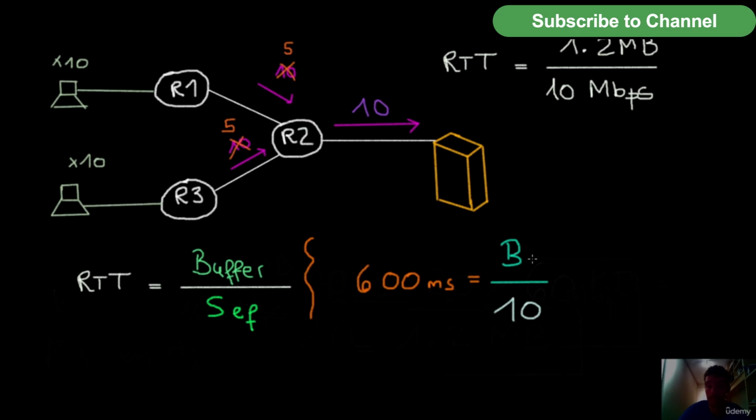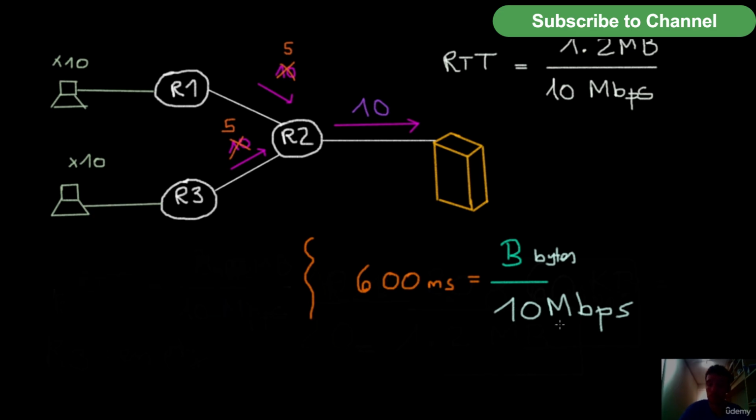So what is going to be the buffer size now? Remember that the speed is in bits, so we have 10 megabits per second, and here I want to have the value in bytes. First of all, we need to transform these megabits per second to megabytes per second, and even better, to bytes per second. But first, let's move this value to the other side, multiplying, because it is dividing.